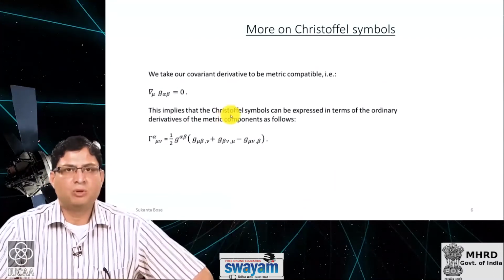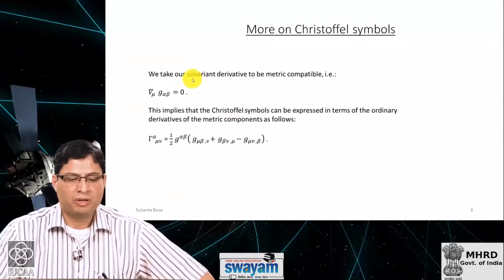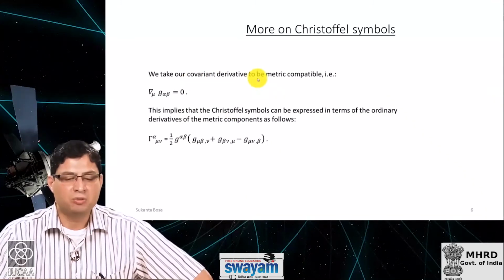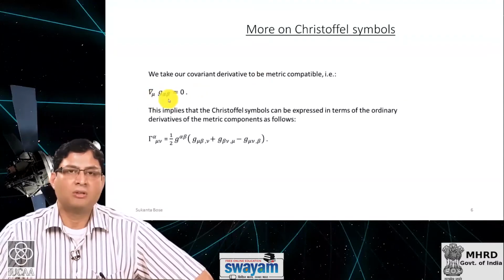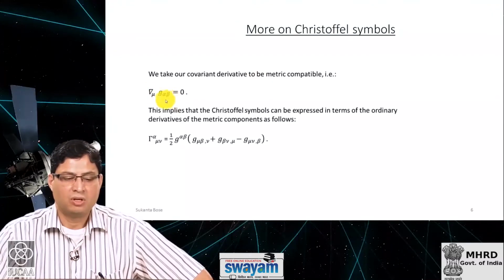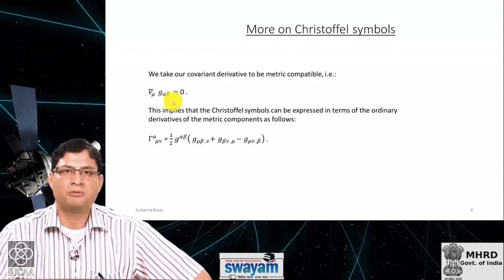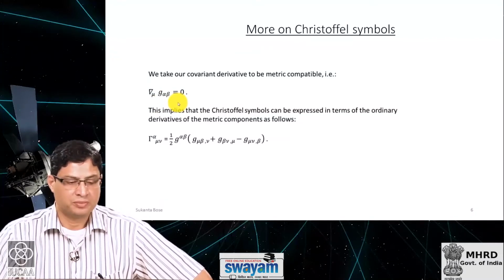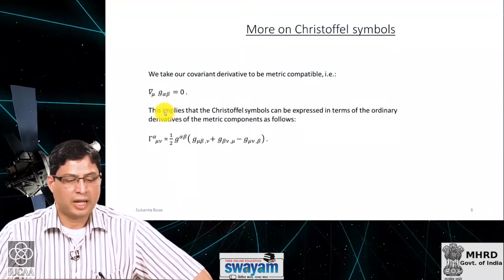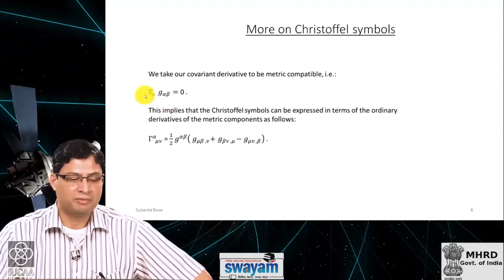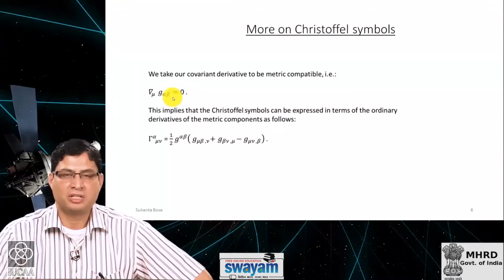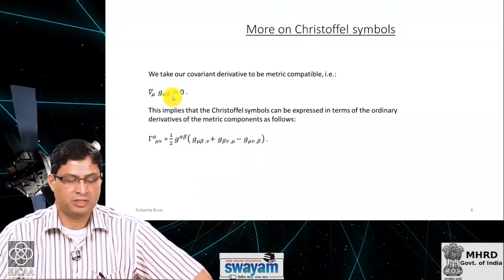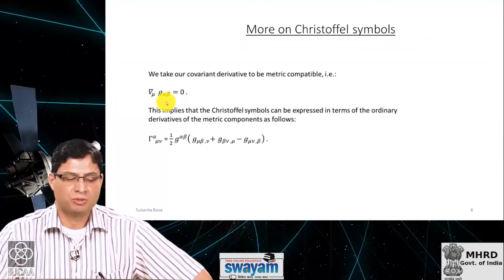So then a little more about the Christoffel symbols. The way we have defined our covariant derivatives, we will assume that its action on the metric is identically 0. So such covariant derivatives will be termed as metric compatible, and these are the only types we will use in this course. And if you use this property, then applying the definition of the covariant derivative on components of 0-2 tensors, as we just discussed on the previous page, you can expand this in terms of those covariant derivatives.